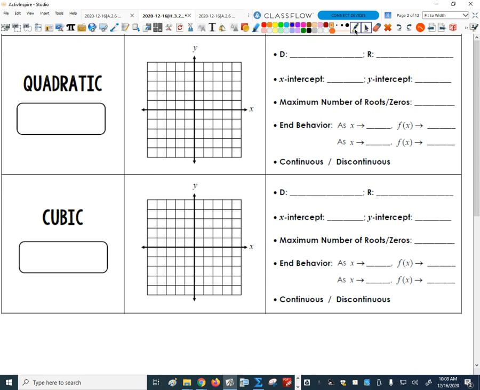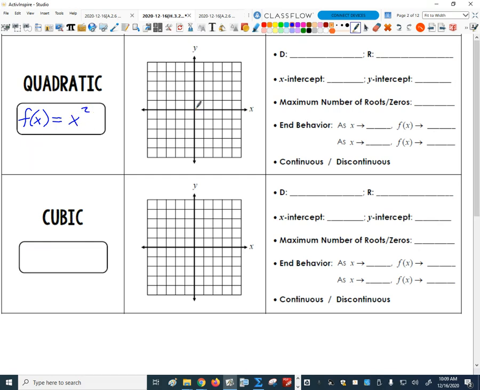Okay, quadratic. You probably remember this from last year. Our most basic quadratic function would be y or f of x just equals plain old x squared.